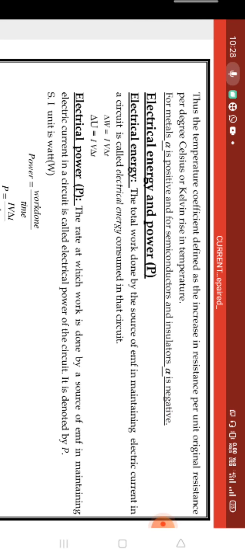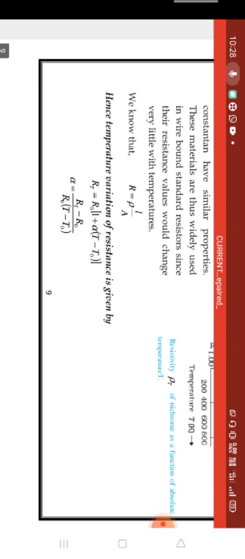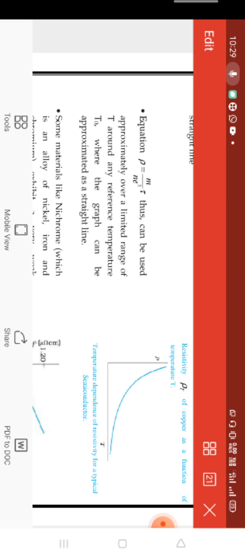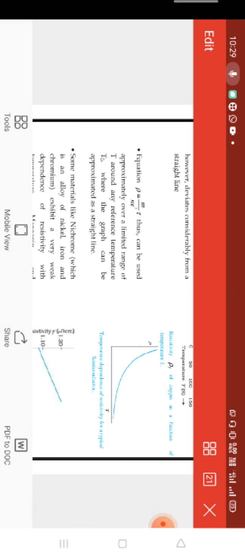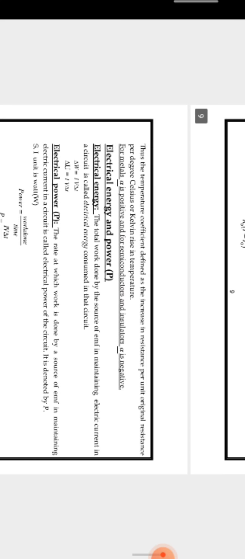Thereafter, temperature coefficient. This is very, very important. What does this concept mean? It is how the resistance of the conductor changes or varies with respect to temperature. That is given by the temperature coefficient.